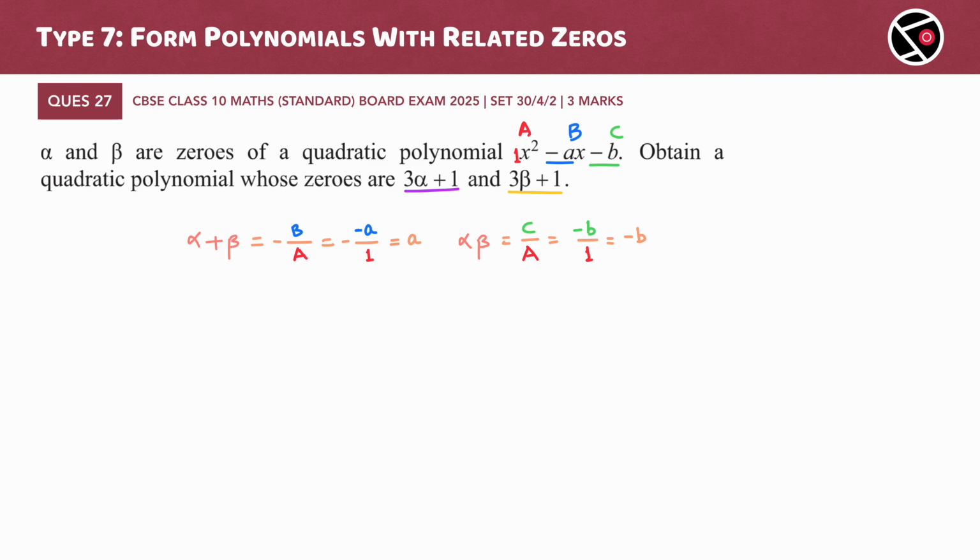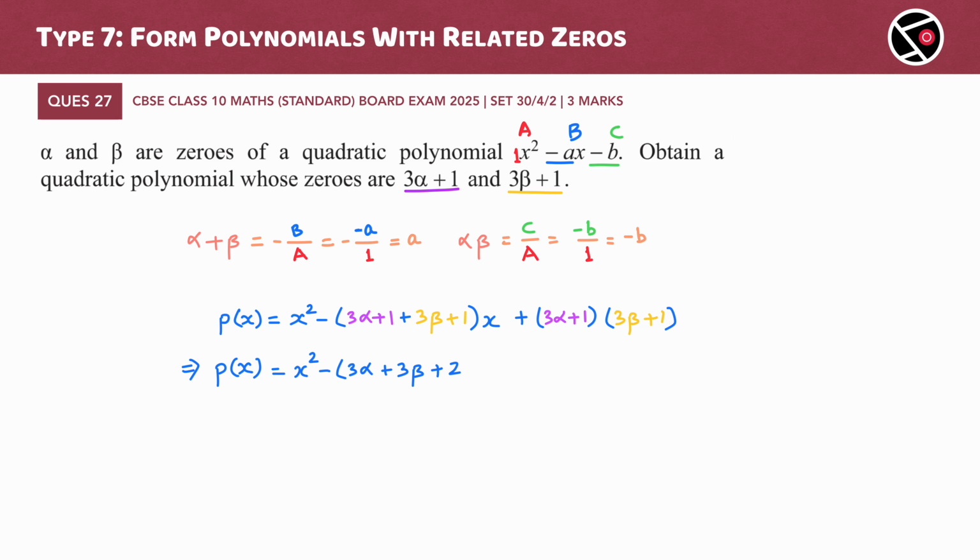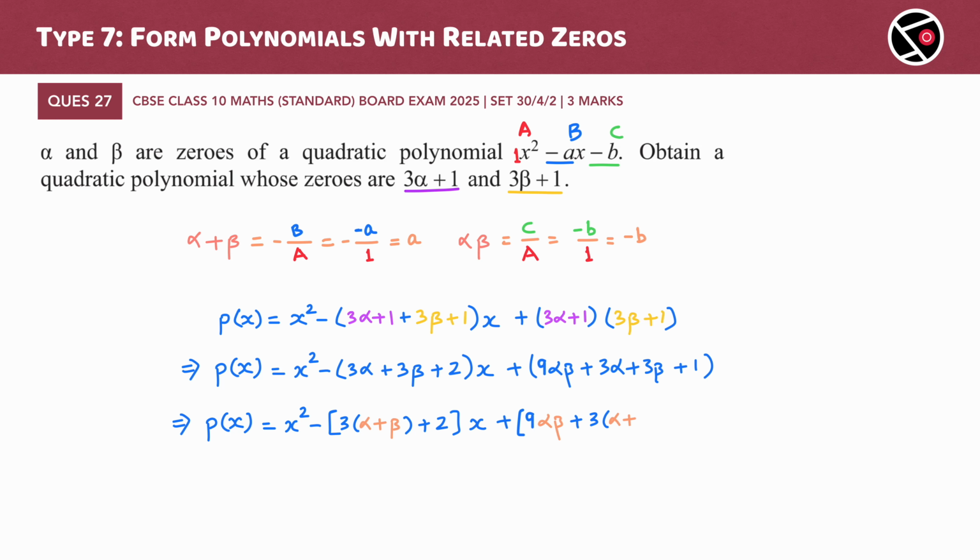One such polynomial is p of x equals x square minus sum of zeros, that is 3 alpha plus 1 plus 3 beta plus 1, x, plus product of zeros, 3 alpha plus 1 times 3 beta plus 1. p of x equals x square minus 3 alpha plus 3 beta plus 2, x, plus 9 alpha beta plus 3 alpha plus 3 beta plus 1. p of x equals x square minus 3 times alpha plus beta plus 2, x, plus 9 alpha beta plus 3 times alpha plus beta plus 1.